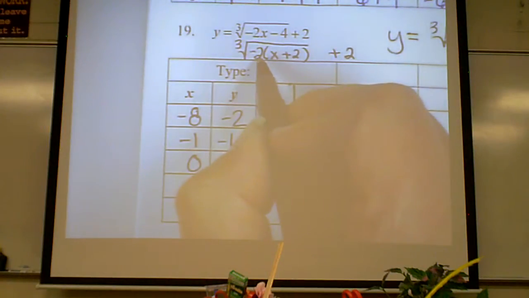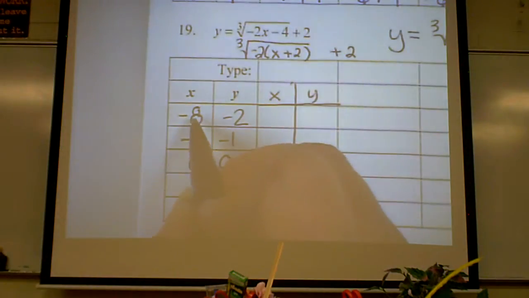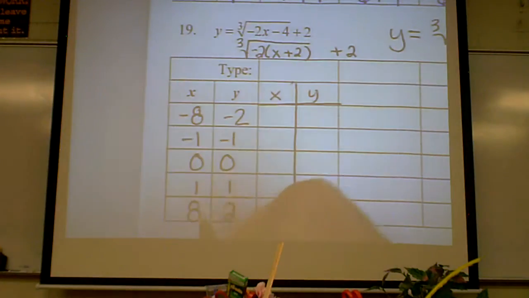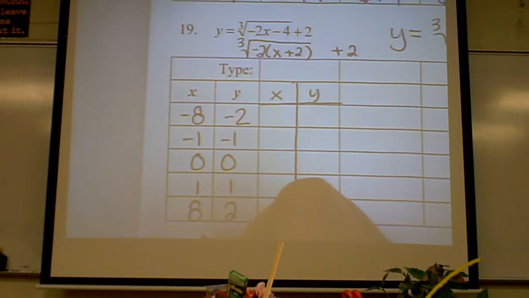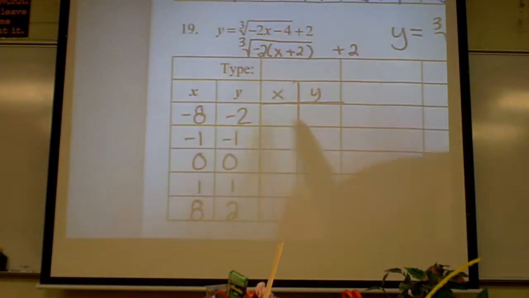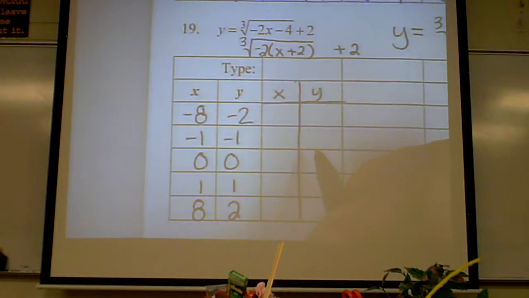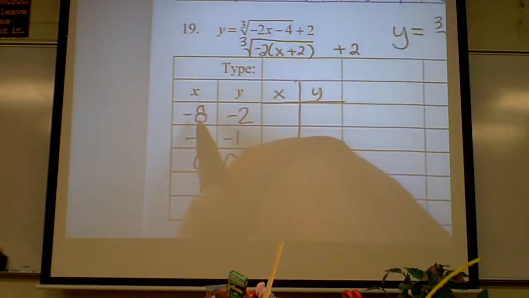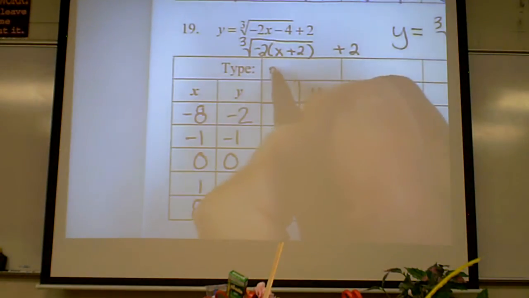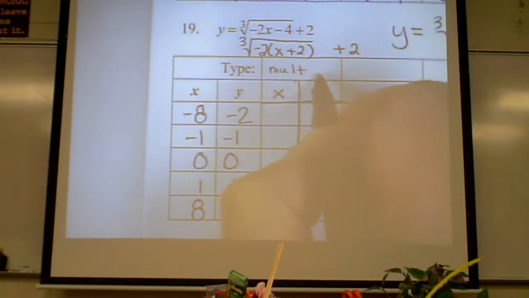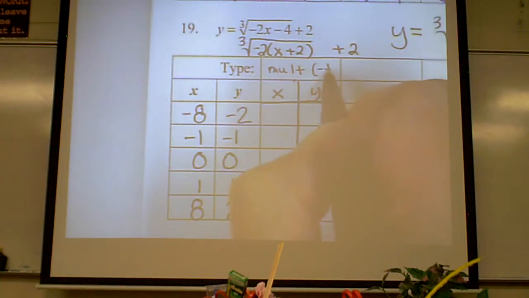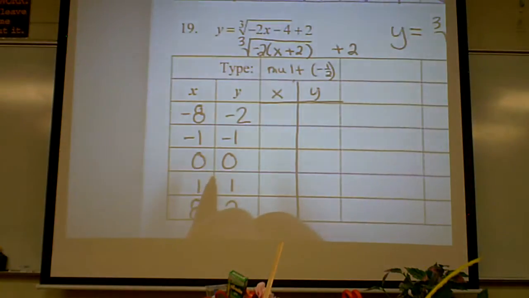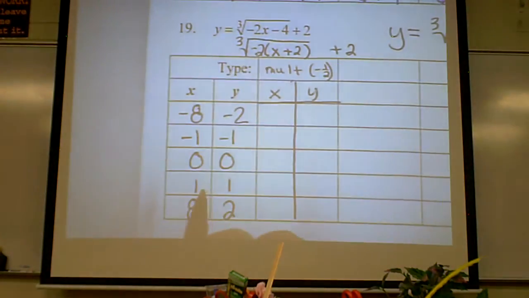That's your A value. You're going to take all these x values and do what to them? Multiply them by what? Let's see how many people we get. By negative 1/2. You're going to multiply your x values by -1/2.